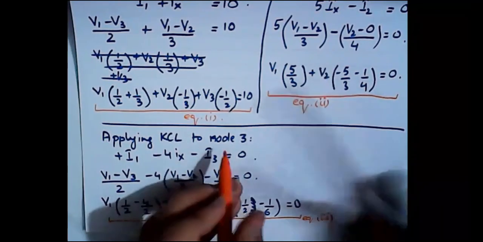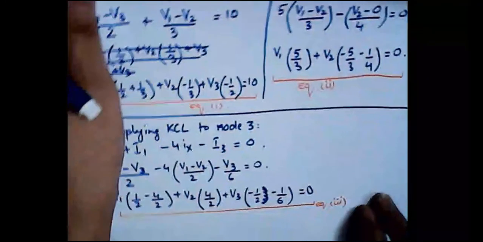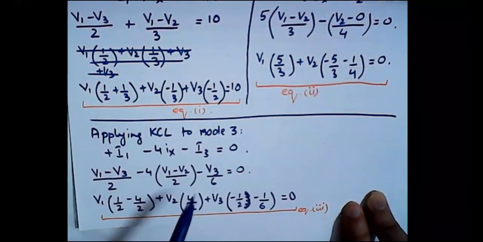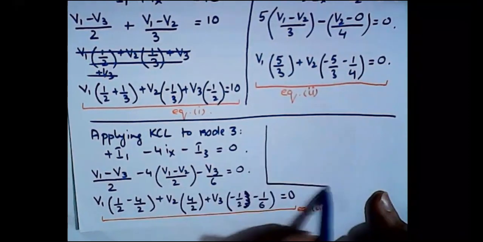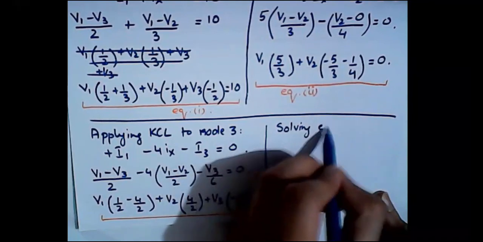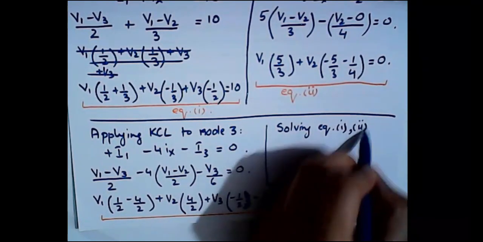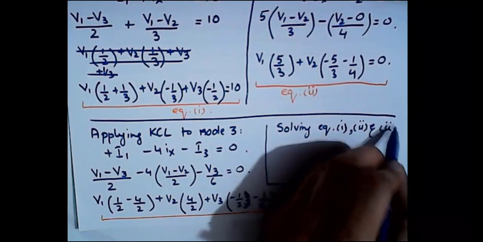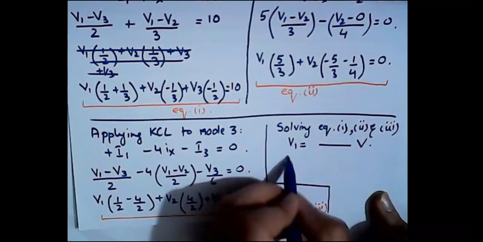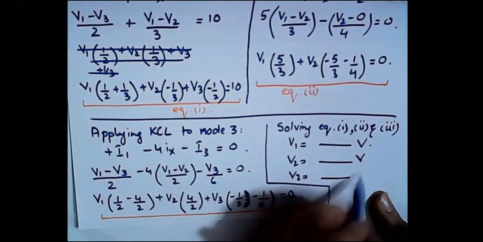And we know how to solve equations through calculators. This is our equation number 1, this is equation number 2, this is equation number 3. So we just have to solve them. Solving equations 1, 2 and 3, we can find out the values of V1 in volts, V2 in volts and V3 in volts, right?